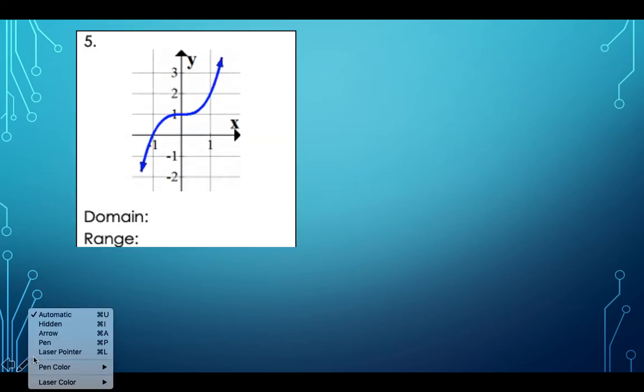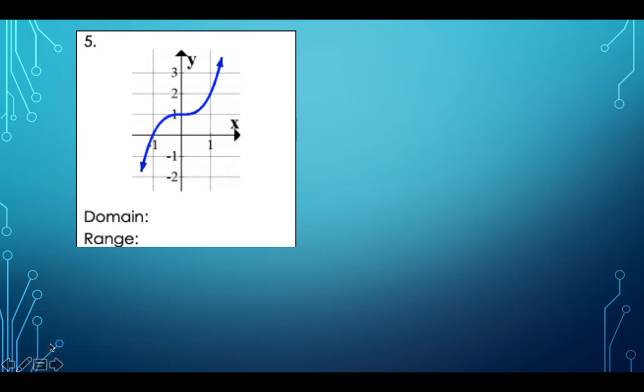Okay, let's look at this guy. So we have two arrows, and again they show that they keep going in the same direction. So as you can see, this one's going left and down, so it's going to keep going left, left, left, down, down, down, and this one's going right and up. So we have to think about domain and range. Now this is very similar to our line.